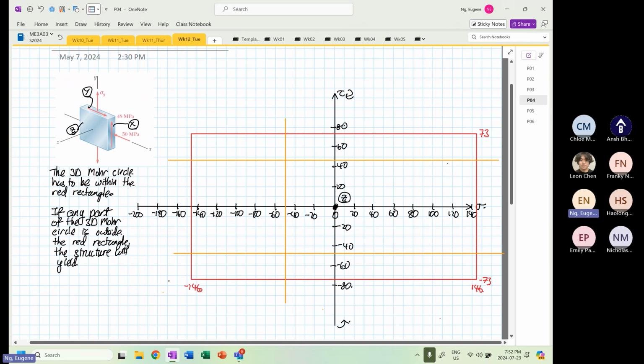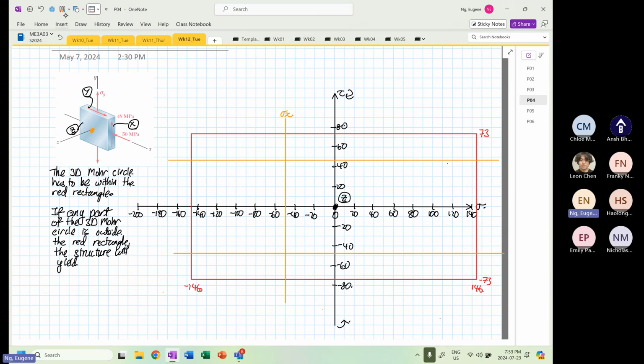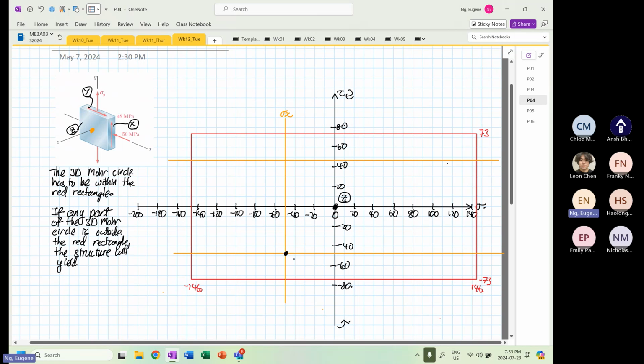And this is our stress X line. If we put our finger on the center, X will do an anti-clockwise rotation. So we know that this is our point X.